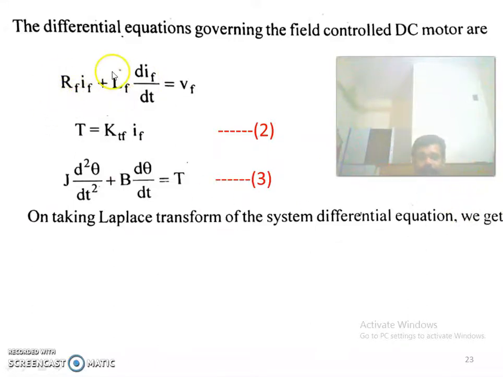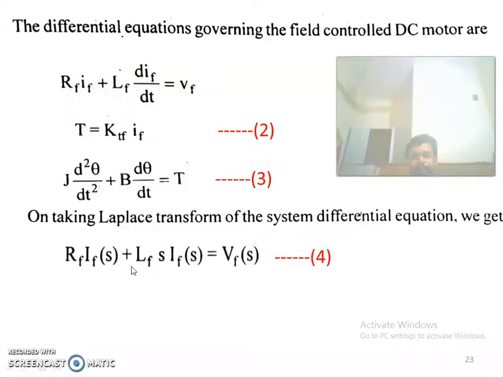While taking the Laplace transform of the first equation, you will be getting Rf into If of s plus Lf into s into If of s is equal to Vf of s. We can take it as equation 4. Now, while applying Laplace transform to equation 2, we will be getting T of s is equal to Ktf into If of s. Now, we are going to apply Laplace transform to equation 3.